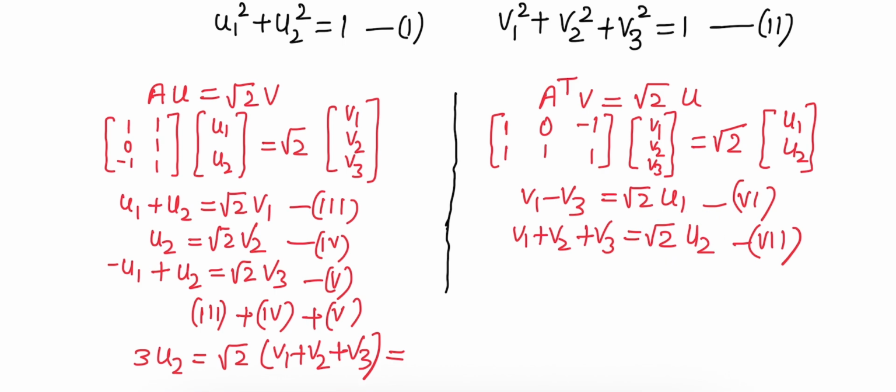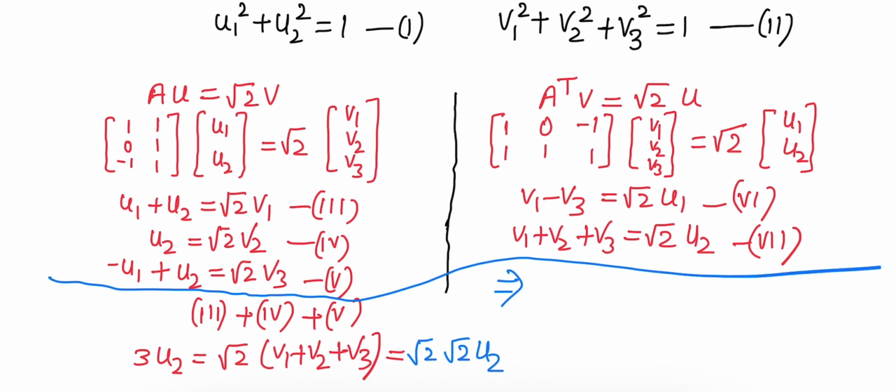So I write, 1 root 2 is already there, you see here, and for v1 plus v2 plus v3, the value is root 2 u2. So I write the next root 2 u2. The next step will be 3u2 minus 2u2 equals 0. From here we have u2 equals 0.